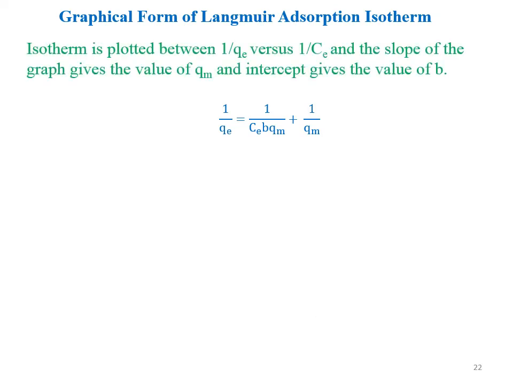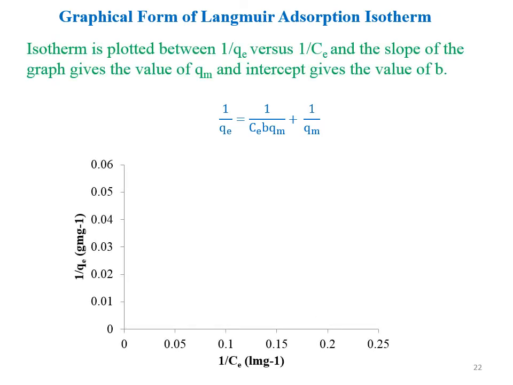Graphical form of Langmuir adsorption isotherm. The Langmuir mathematical model is giving a straight line equation where 1 over Qe is equivalent to Y, while 1 over Ce is equivalent to X, and 1 over b into Qm is equivalent to m, and 1 over Qm is equivalent to c.